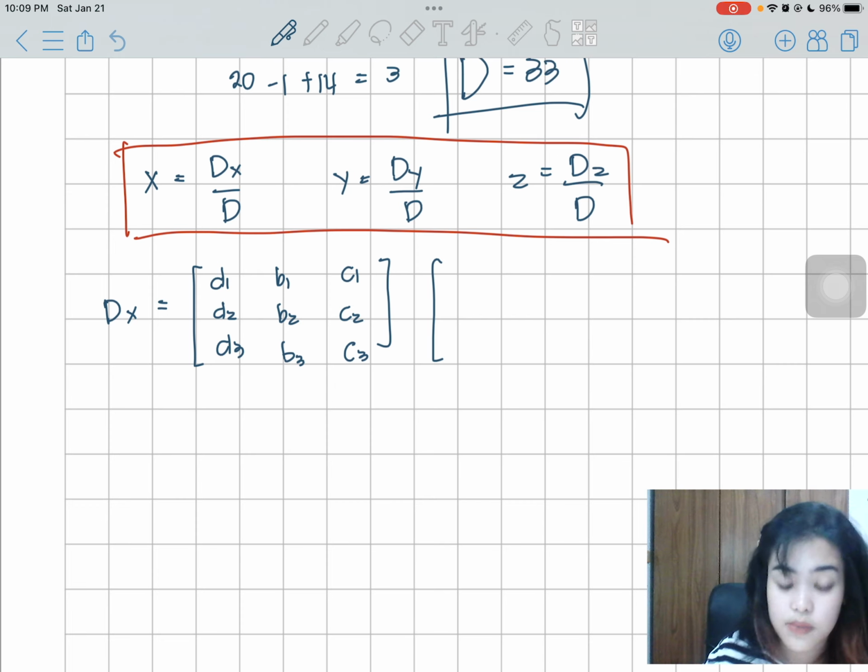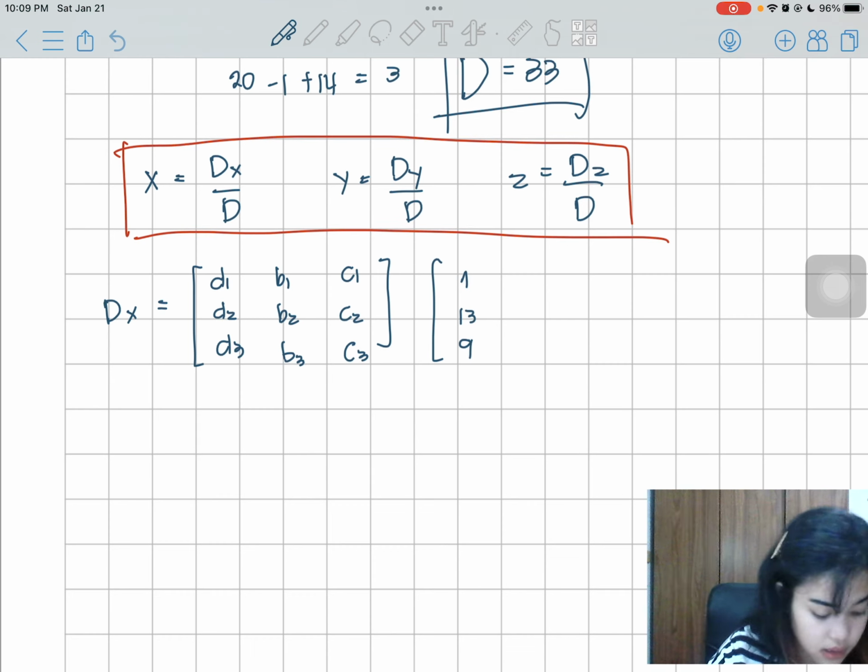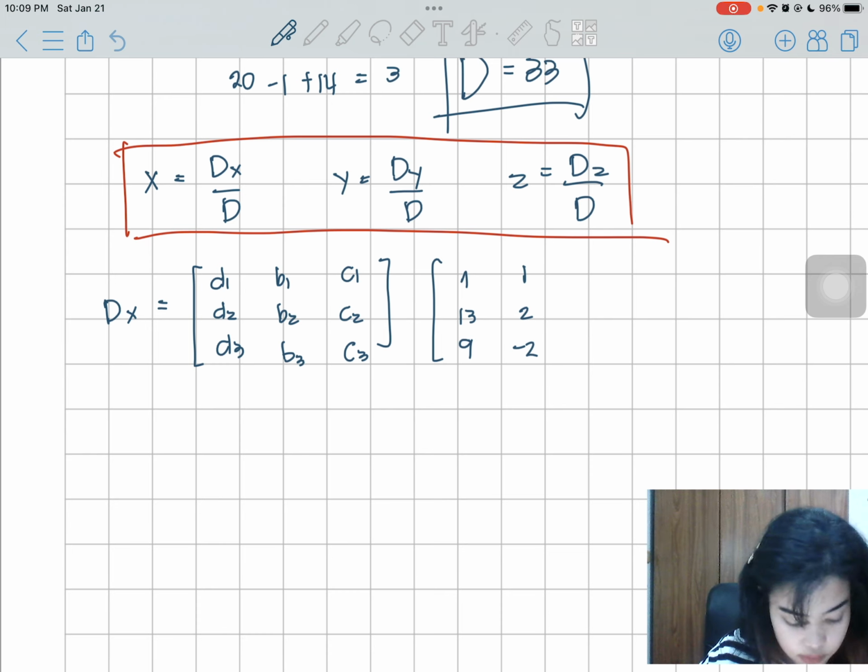Let's substitute the values. d1, d2, d3 are 1, 13, 9, then 1, 2, negative 2, negative 1, 2, and 3.